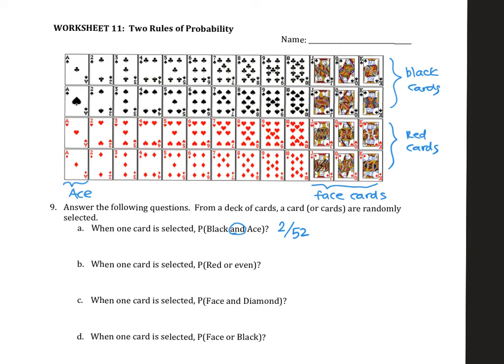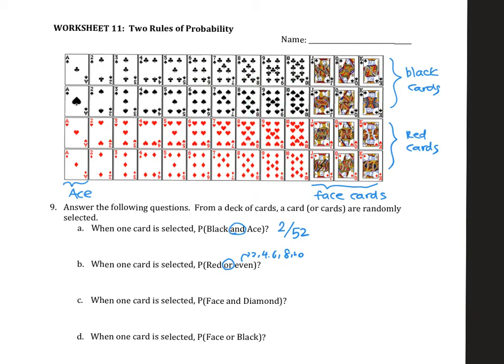Part B, it says red or even. Again, even numbers are 2, 4, 6, 8, 10. I notice this is an OR type of question. If you're a red card, you're good. If you're an even card, you're also in. So there are going to be a lot of cards, and I can just literally count.